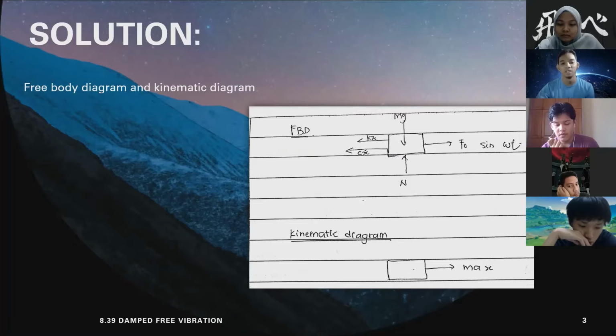And for the kinematic diagram, as you can see from the diagram, the spring and damper are on the left, so the acceleration will oppose the spring and damper, and the acceleration will move to the right. Thank you.